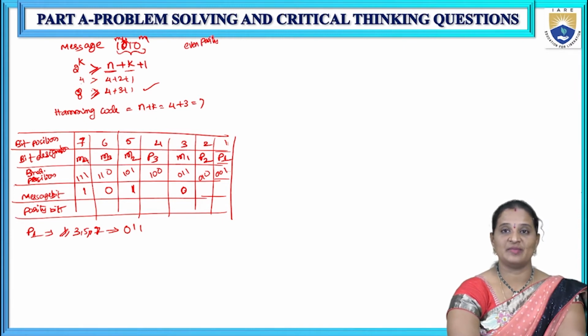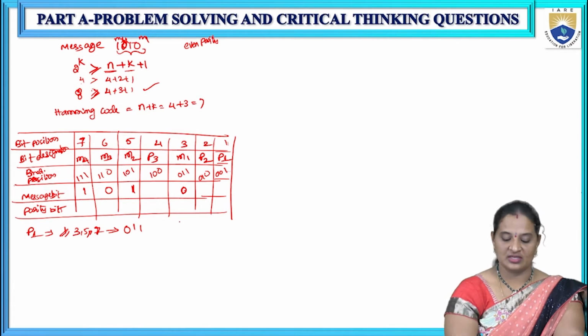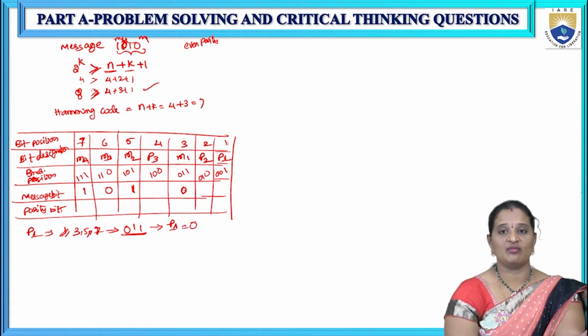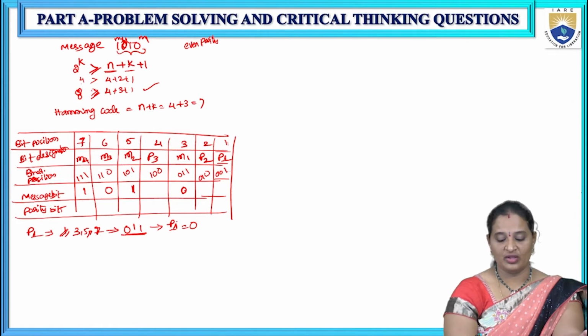If no parity is mentioned in the problem, we have to consider the even parity. So now we need to check whether the number of ones is even or not. Here it is even. As we have considered the even parity, and the number of ones in this group is even, we have to consider the parity bit P1 as 0. If it is odd, then we need to take the parity bit as 1.